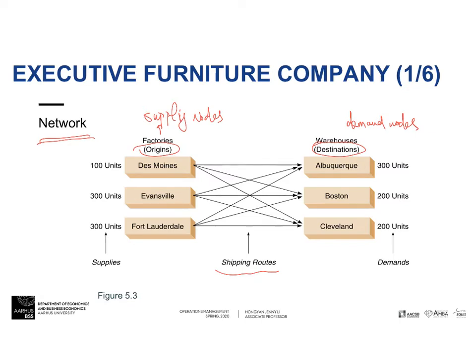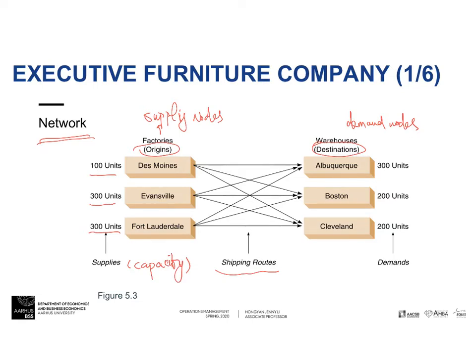And we also have the supply quantities. So in this example, the supplies are 100 units in the first factory, 300 units in Evansville, and 300 units in Fort Lauderdale. So these are the three capacities, we know about the three supply sets.